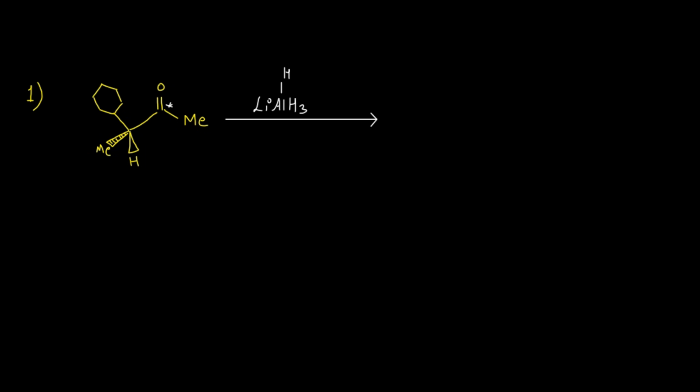Please remember, it is not a good idea to put a star over there because a star is generally used for the stereo center. So this hydride will go there, just like that, and this will go up. And when this goes up, you will have this particular species, for example.